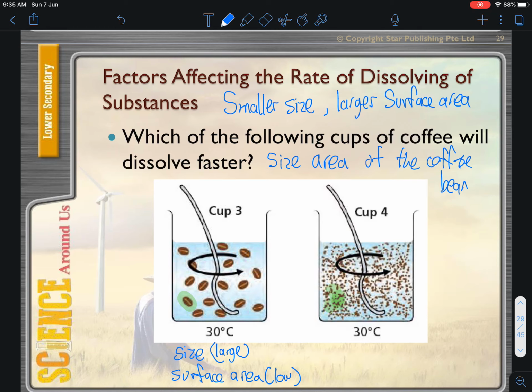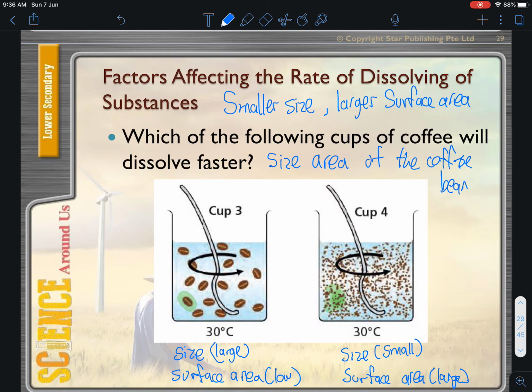As compared to the other one, where surface area is with respect to all of the coffee powder. The size is small and the surface area is large. Now, which one will be able to dissolve faster?